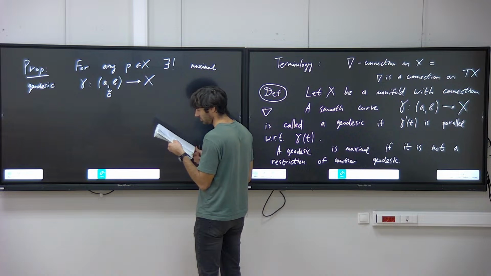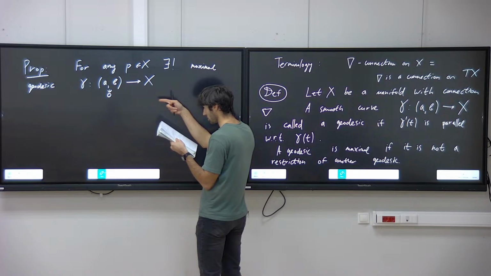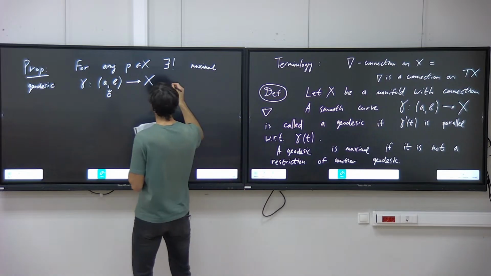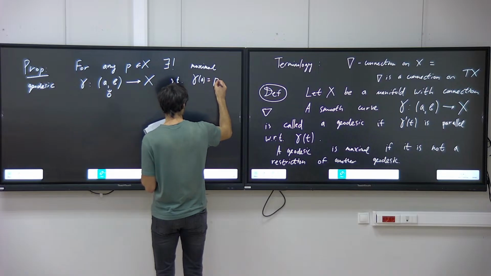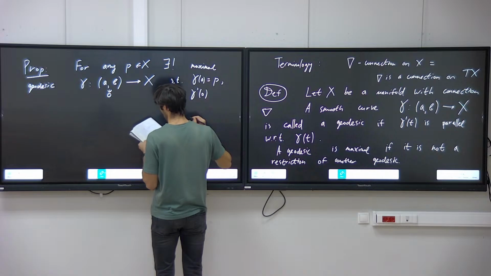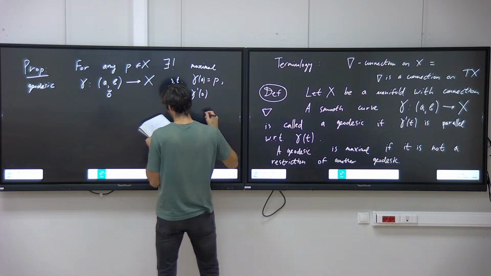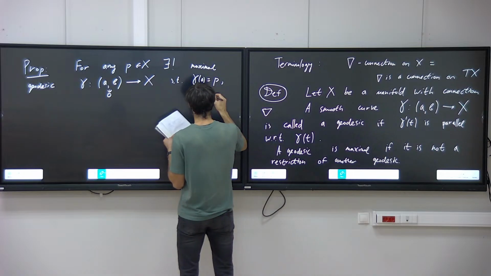So there is a maximal geodesic from this interval containing 0 to X, such that gamma of 0 is p and gamma prime of 0 is v_p.